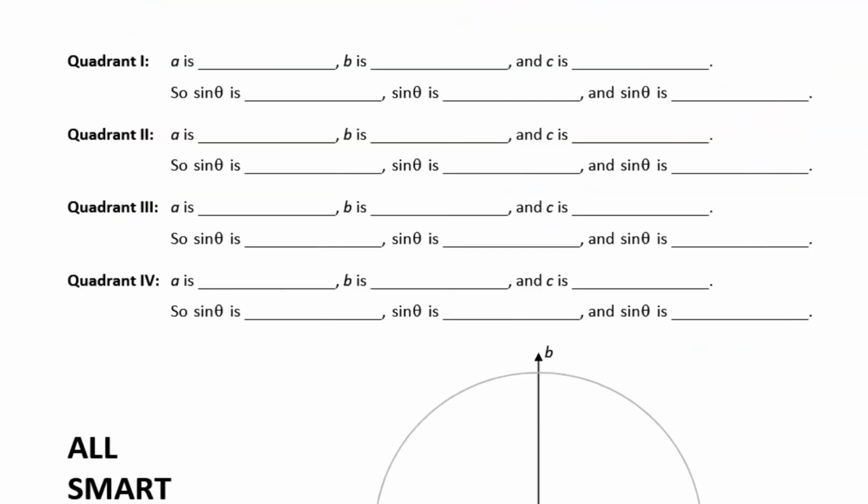Let's review what the value of sine, cosine, and tangent are in each of the quadrants in terms of being negative or positive. In quadrant 1, a and b are both positive, and c is always positive, so sine is positive. The second function should be cosine, which will also be positive, and the third function should be tangent of theta, which is also positive.